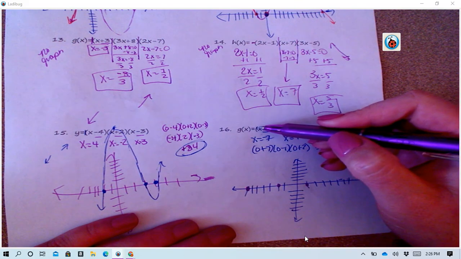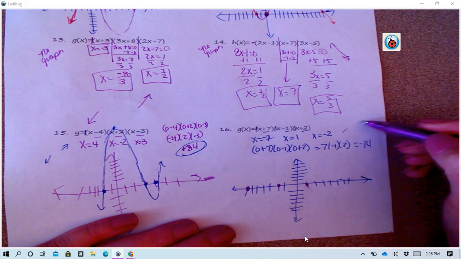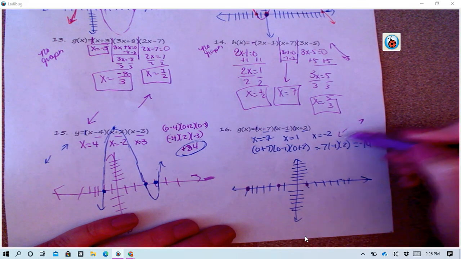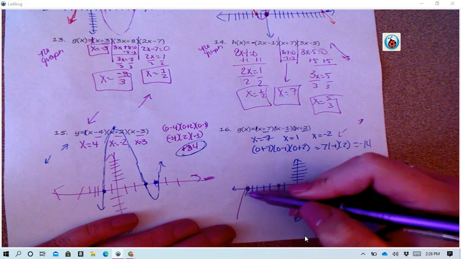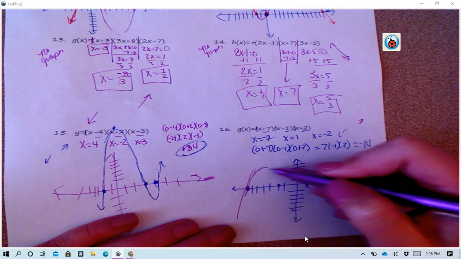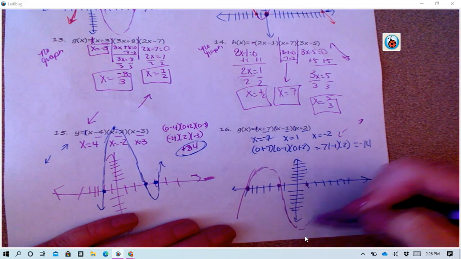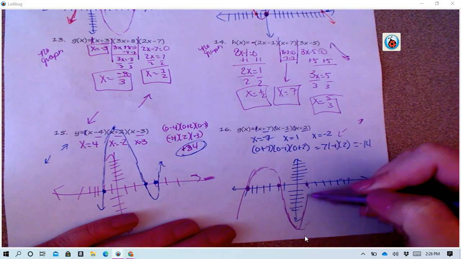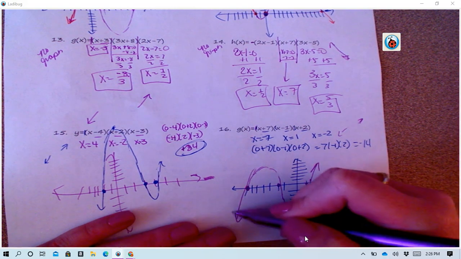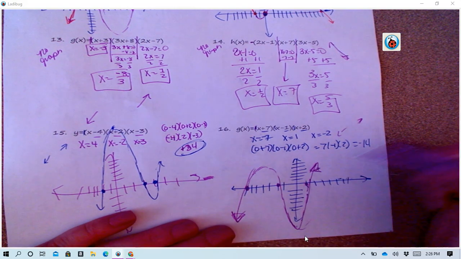This has a positive slope, so you know your tails are going to be down and then up. We don't know how far up. We do know it'll be way down here, like -14. Again, the major concern is that your arrows are pointing in the right direction. So here's what the back of page 14 should look like and what the front should look like.